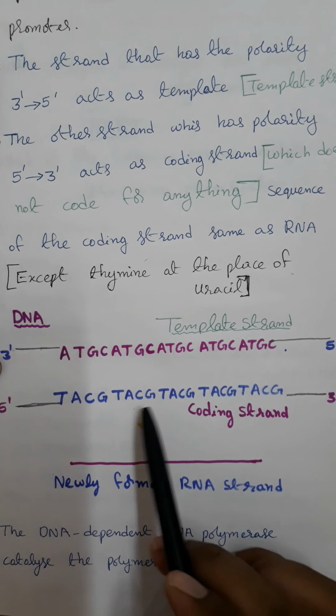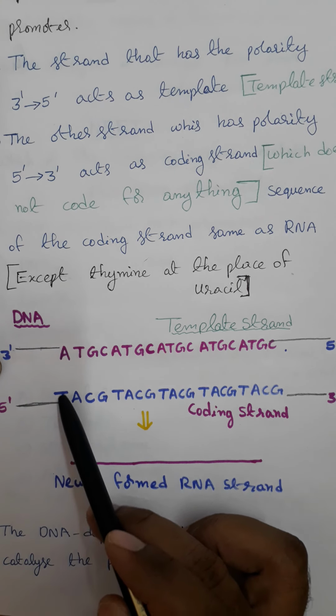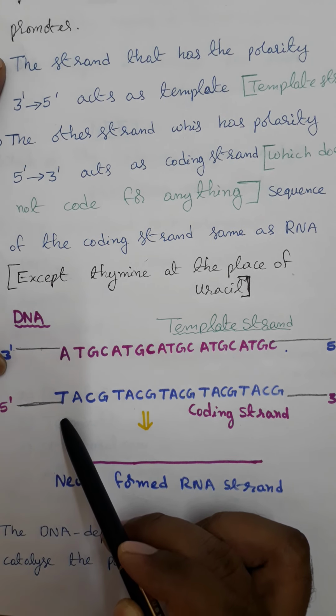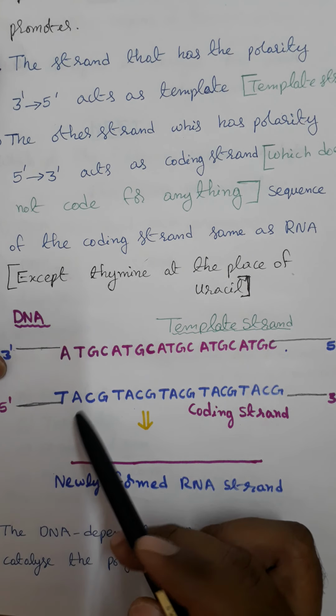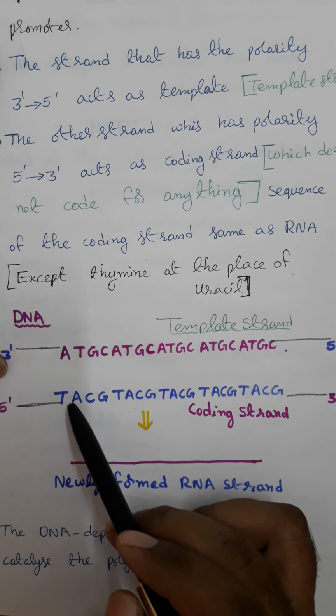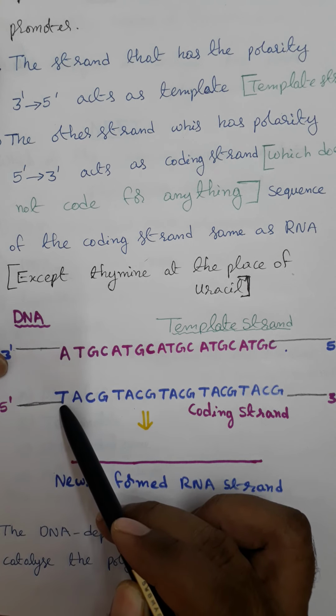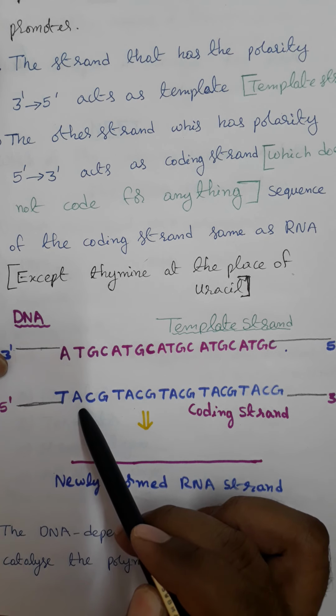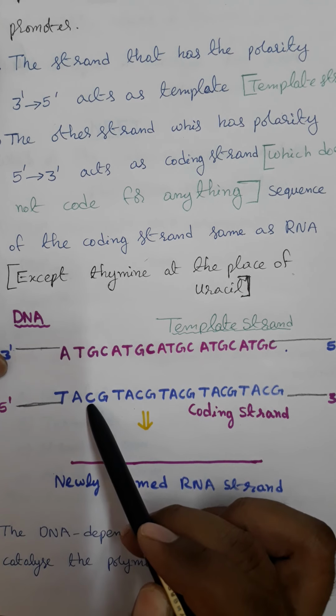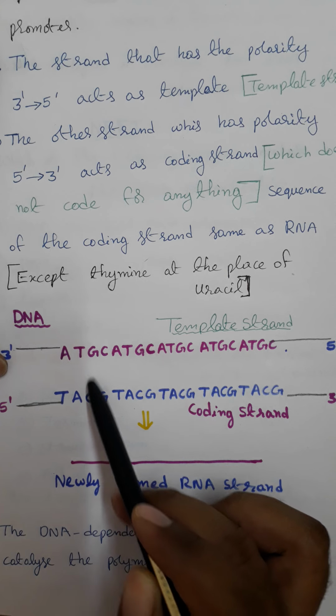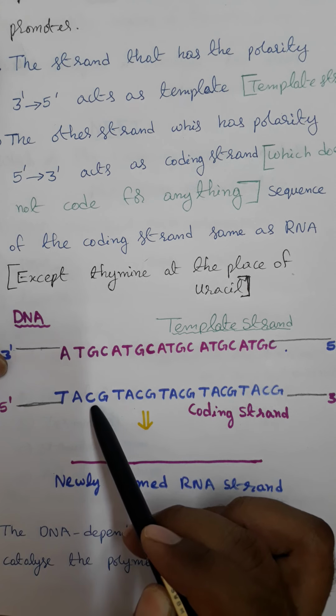Opposite to the adenine, in the opposite strand, which nitrogen bases are present? You have already learned the structure of the DNA molecule. Adenine is paired to thymine with the help of 2 hydrogen bonds. Guanine is attached to cytosine with the help of 3 hydrogen bonds.